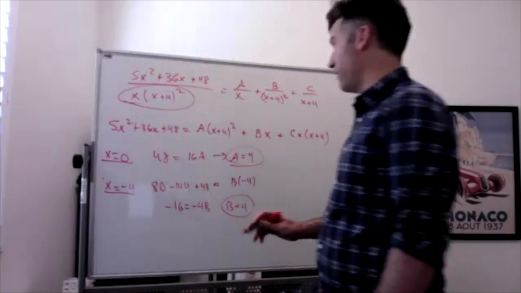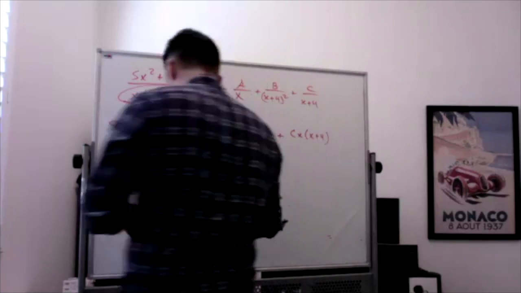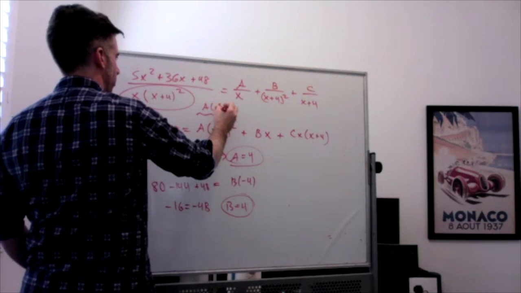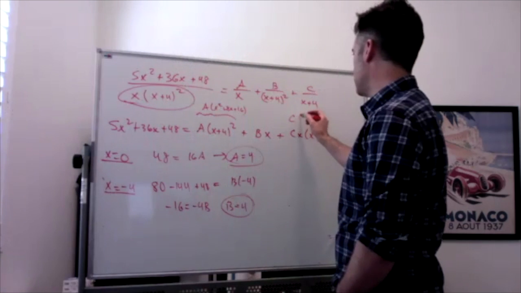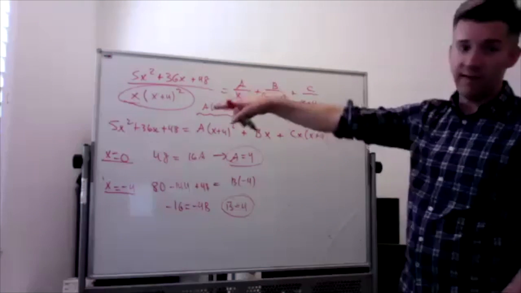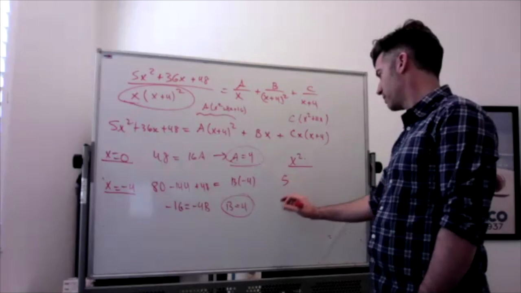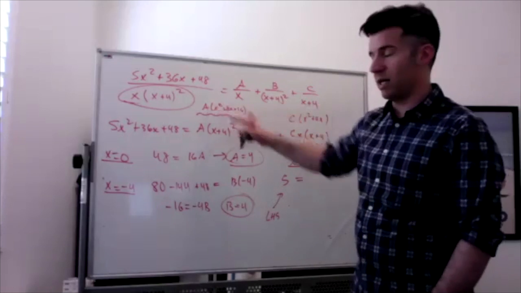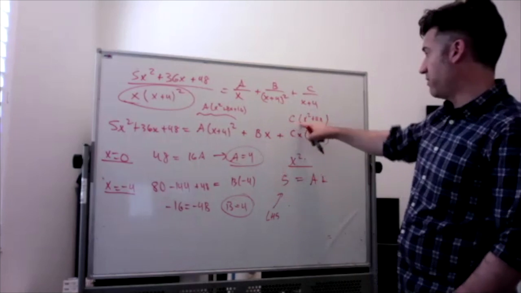And now, to figure out c, here's what I'm going to do. I'm going to equate coefficients. If you multiply this out, you would have a times (x squared plus 8x plus 16). If you multiply this out, you'd have c times (x squared plus 4x). So I know I have 5x squared on the left. And on the right-hand side, I'd have a times x squared, plus I don't have any b times x squared, but I do have a c times x squared.